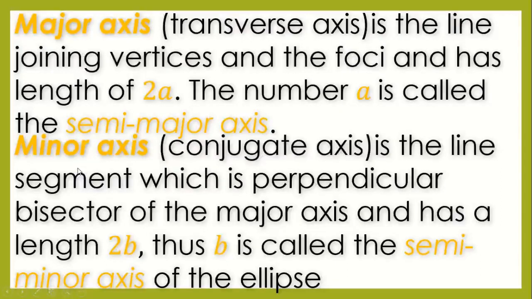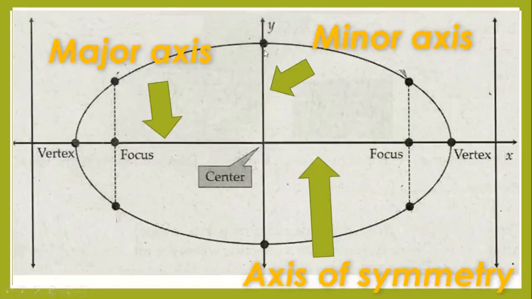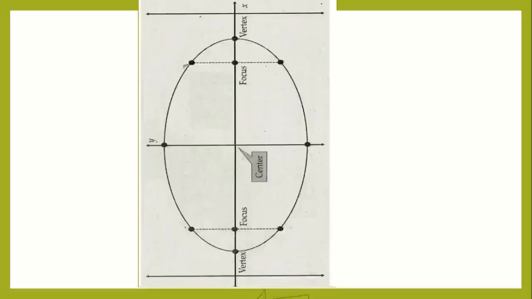Yung minor axis, tinatawag ding conjugate axis. Okay? Sino siya? Siya yung line segment perpendicular bisector of the major axis and has a length 2b. So, ibig sabihin, yung dulo sa dulo natin, ito, from this point up to this point, yan yung tinatawag nating minor axis.